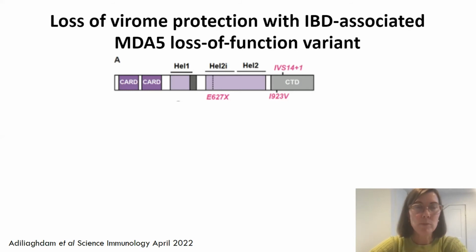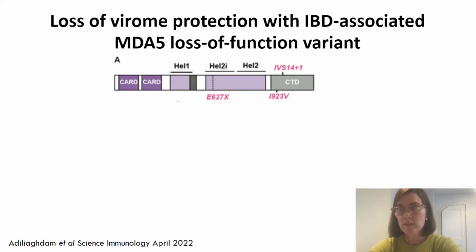In many autoimmune diseases, so-called interferonopathies, you see a gain of function of MDA5 that contributes to these diseases. And in IBD, what we see is the opposite. It is a loss of function variant of MDA5 that uniquely associates with inflammatory bowel disease.